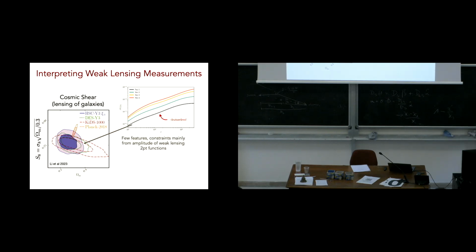So if we now want to do cosmology, that means that cosmic shear by itself primarily really constrains an amplitude rather than shape parameters.